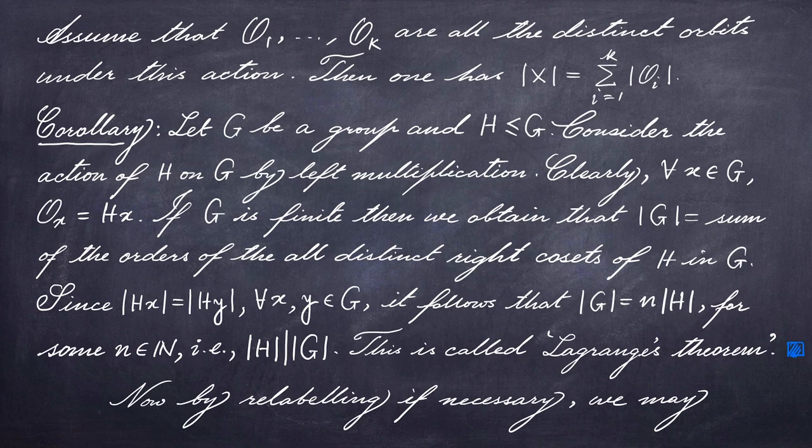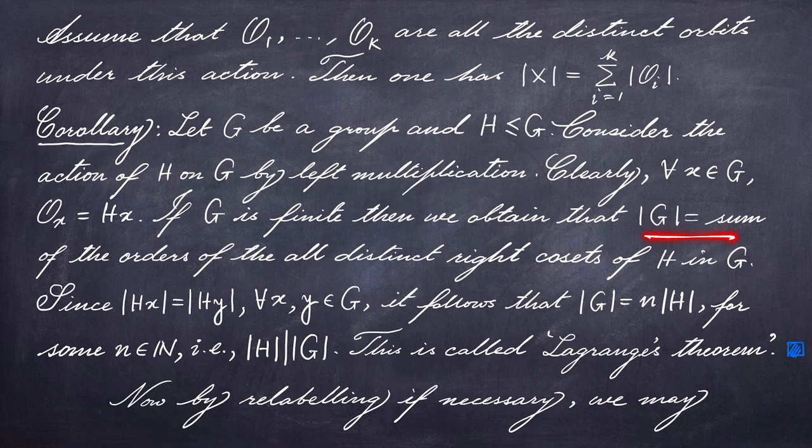So now again, I presume that you have already seen this. I would like to just remind you that any two cosets have the same number of elements, because between H and Hx there is an obvious bijection sending each h to hx. This shows that any two cosets have the same number of elements.